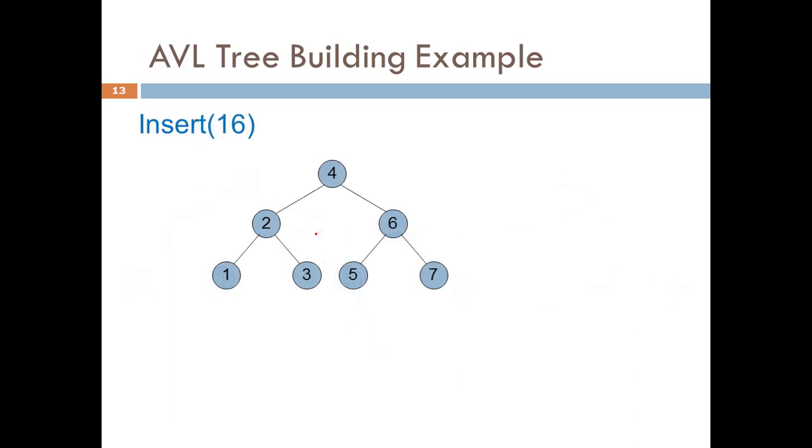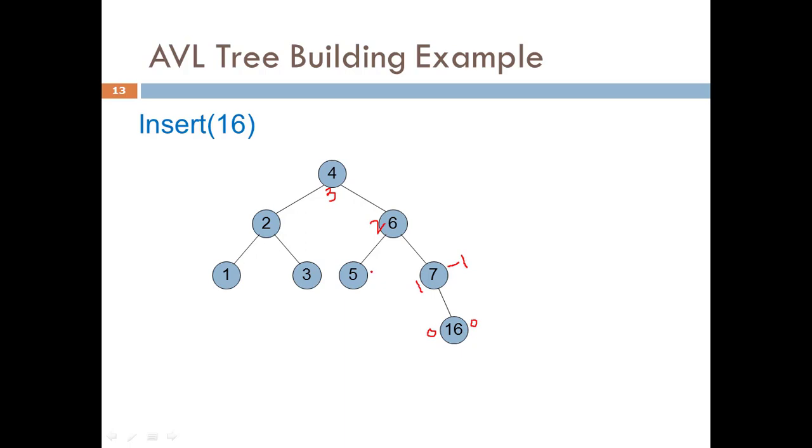Okay, what next? 16. Insert 16 is also inserted at this point. After inserting the value 16, we first see this part will be affected, and if we need to perform any rotation, it will be on this path. So let's look at whether it needs a rotation or not. So heights 0, 1, 2, 3. The balance factor of this will be 0 because this is a leaf node. This will have a balance factor of -1.